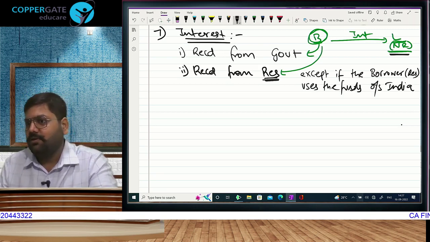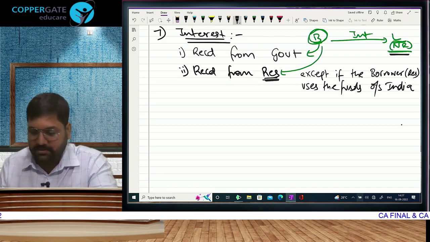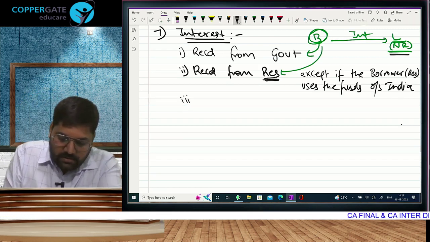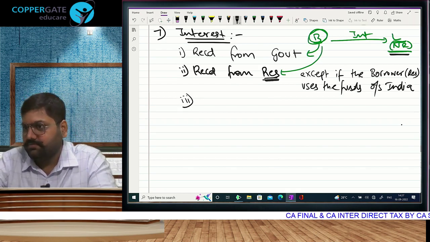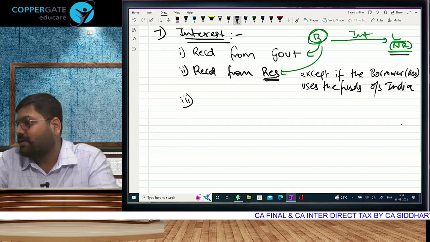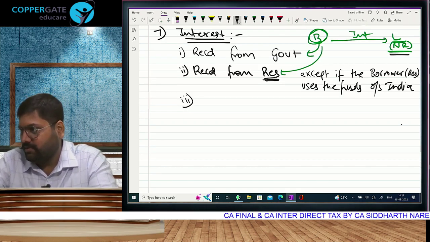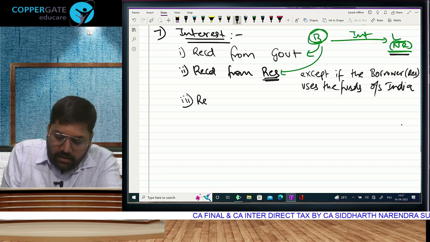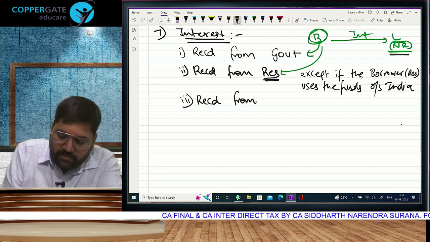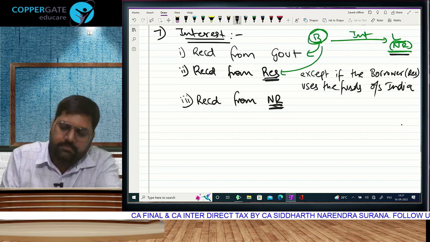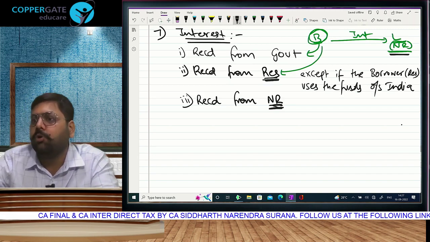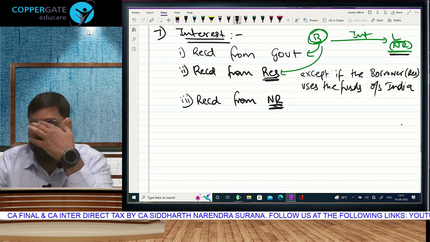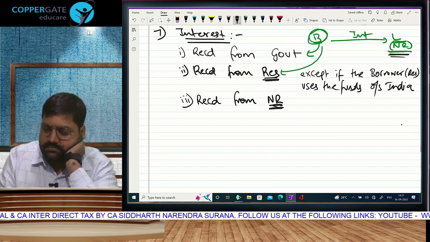That is the logic. And if you have really understood the logic, I think you will be able to give me this answer. I will not tell you to give me the complete answer. You will have my support here. Interest is received from non-resident. I did not say by, I said from. Who is the assessee? Non-resident.